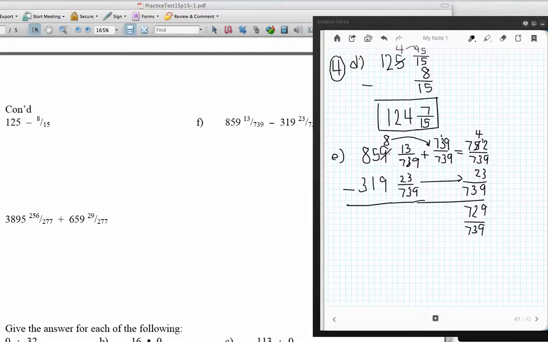And then I can subtract over here. So 8 minus 9, I can't do it, so I'll have to borrow. And then 18 minus 9 is 9. And 4 minus 1 is 3. And then 8 minus 3 is 5. And then the last thing that we'd have to do is to check to make sure that this doesn't reduce.